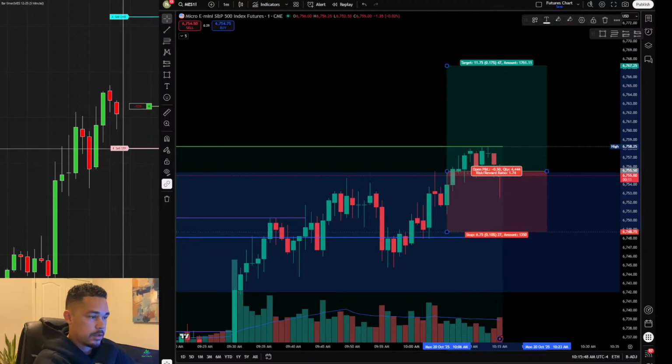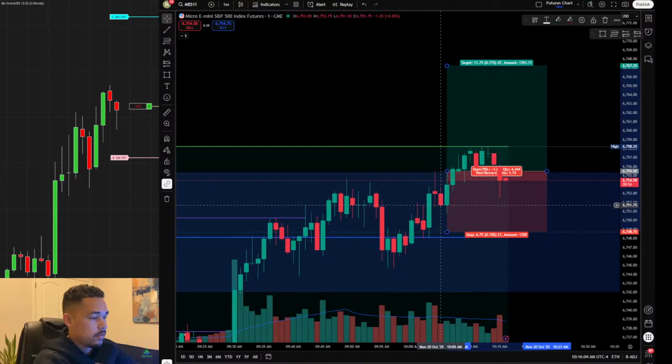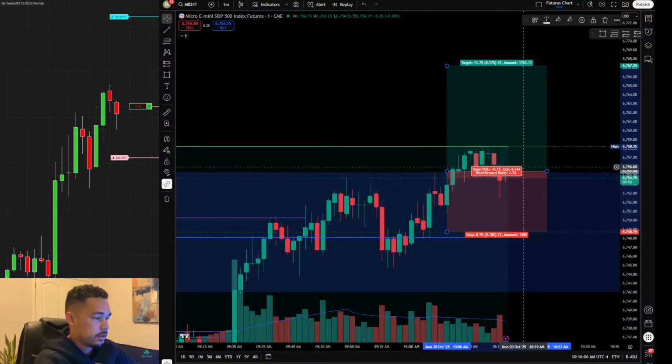I think I'm going to put my stop down slightly, 67.48. That way at least matches the 4 contracts that I have. But once it breaks this high, then I'll put it back where it needs to be.